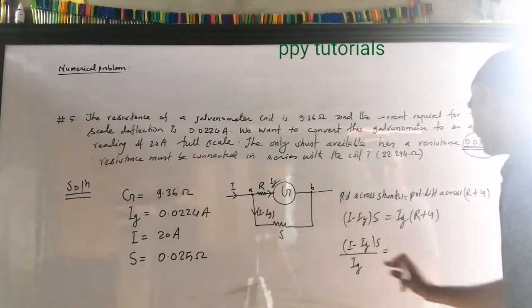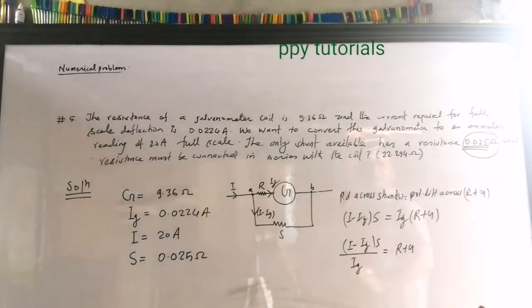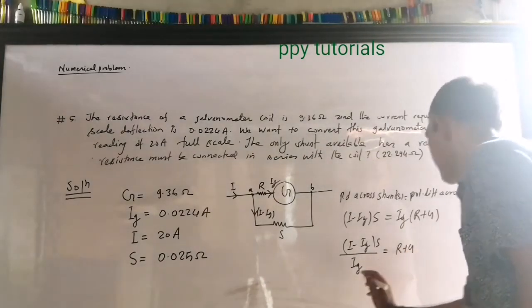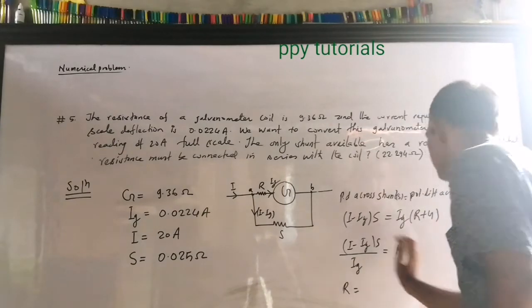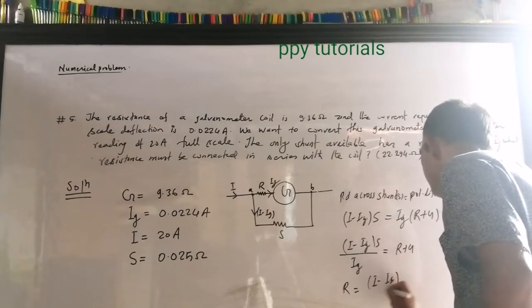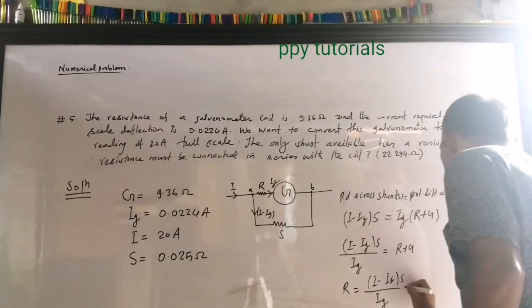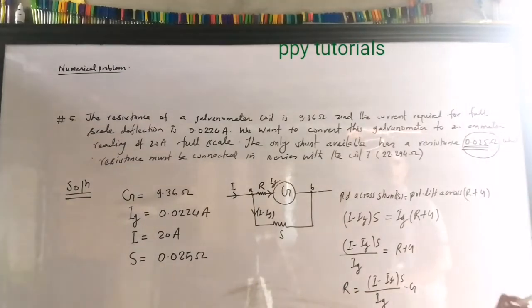Okay, so I minus Ig times S by Ig equals R plus G. Now I need to find the value of R. So R will be equal to, let's take this G on that side, I minus Ig times S by Ig minus G. Now what is left?